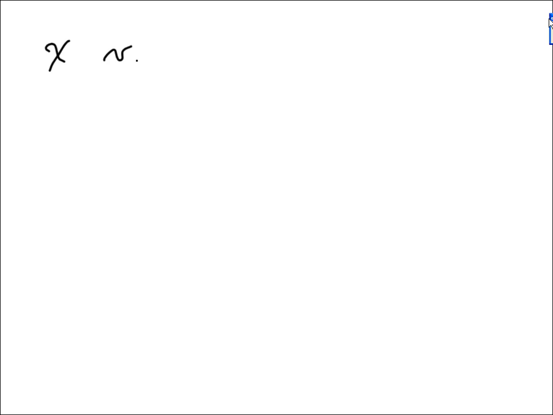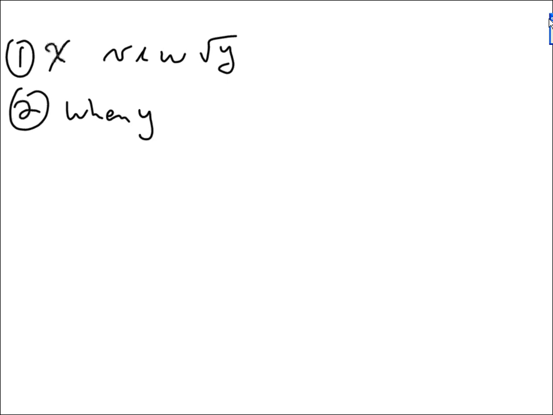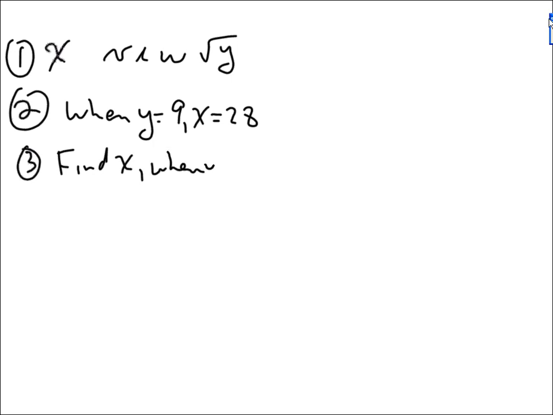X varies inversely with the square root of y. And then it goes on to say, so that's statement number 2, when y is equal to 9, x is 28. And it goes on and asks you to find x when y is 25.